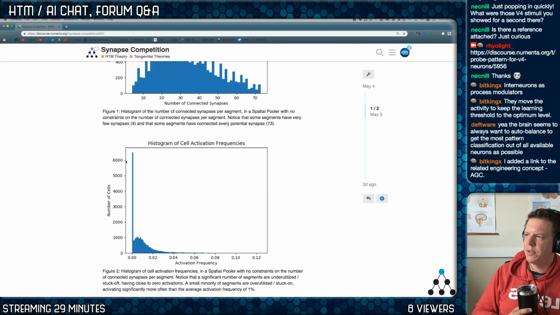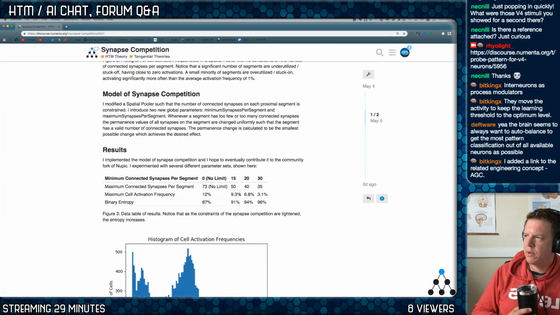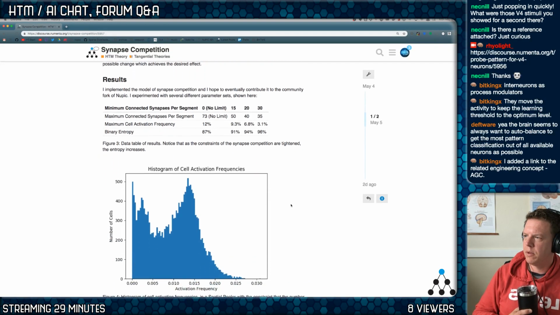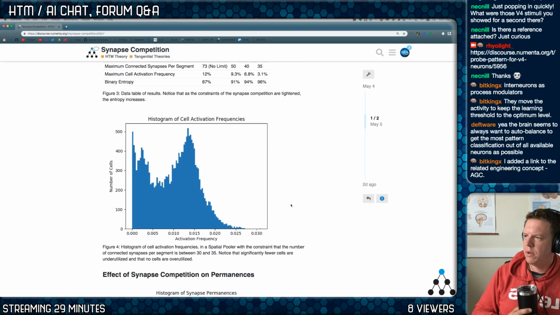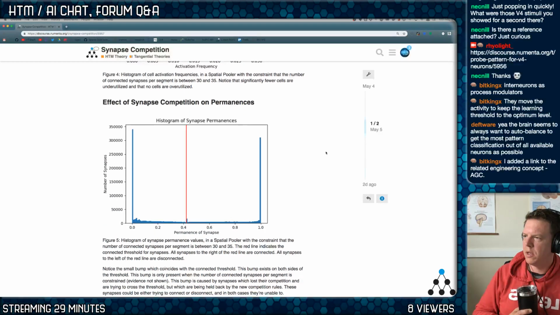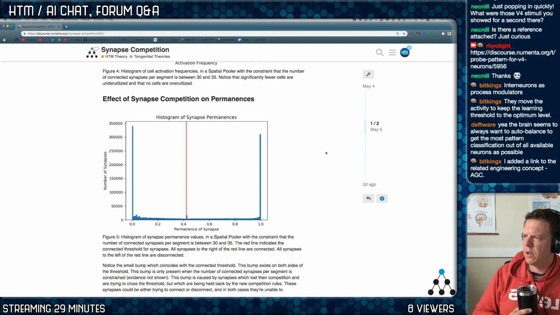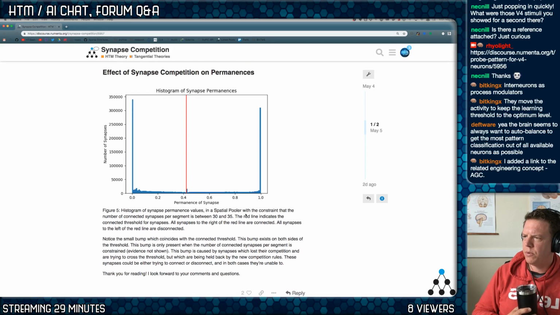Oh, and here's again the problem defined in another graph. And here's another one. So you probably don't want a curve that looks like this. So I should pull over the constraint that the number of connected synapses per segment is between 30 and 35.